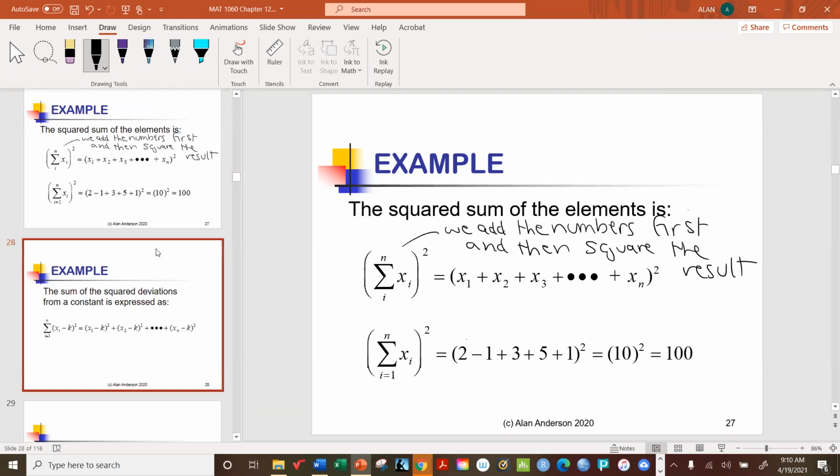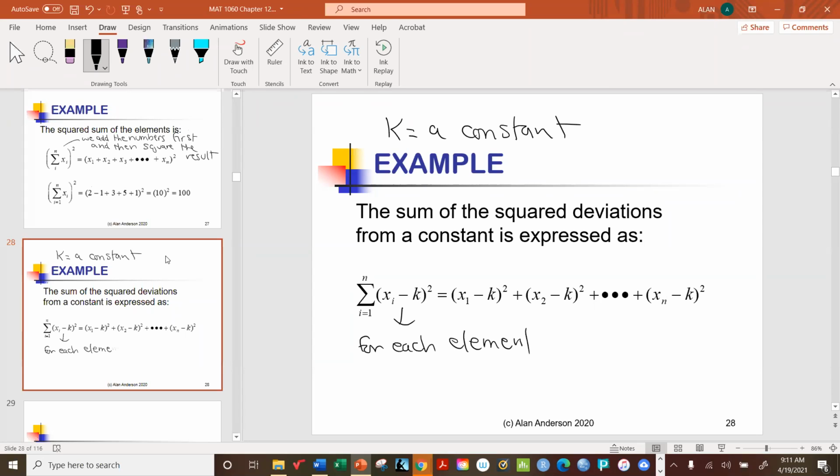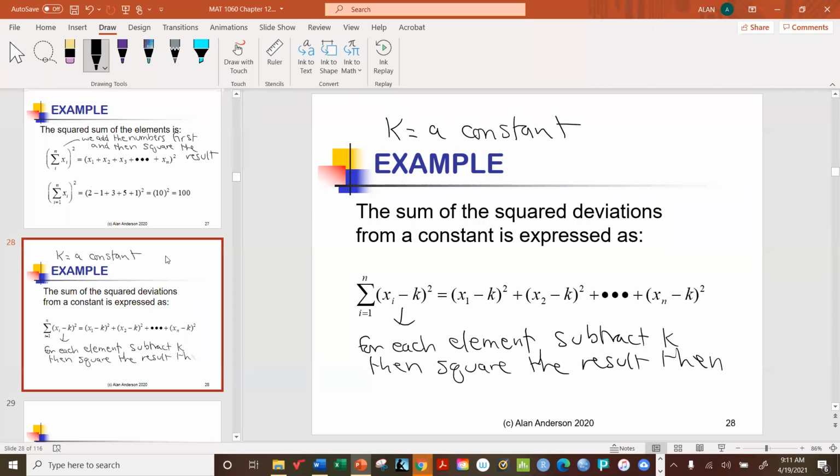Now look at this disaster. Ooh, now this k is a constant. It could be anything, 3, 7, it doesn't matter. So what you have to do here is this. For each element, subtract k, then square the result, then add up.